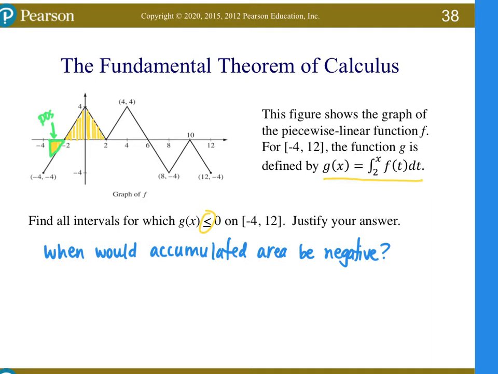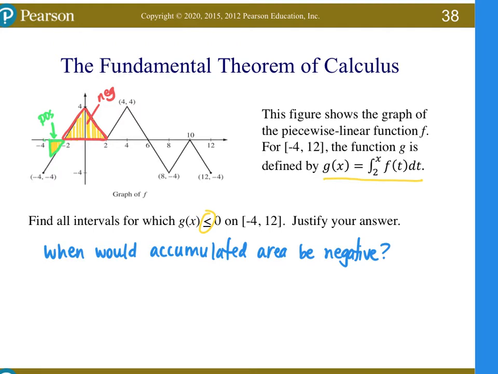But what's the accumulation? The accumulation is all of that grouped together from 2 backwards, and so that is a bigger negative area. So this part is all negative. The accumulation of that is still negative. There's still more negative than positive.